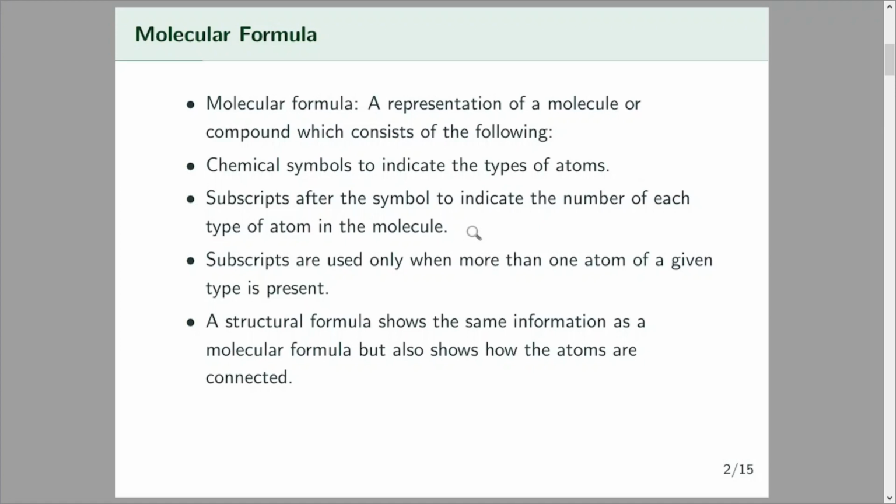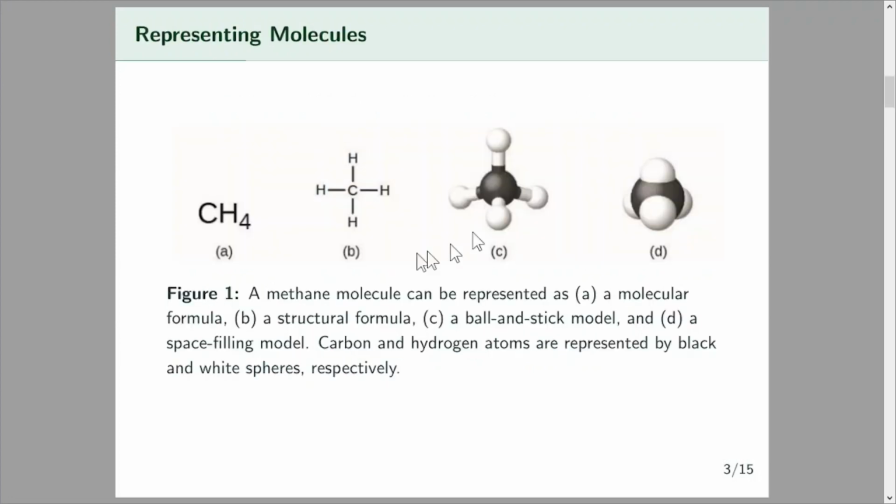And so now let's look at structural formulas. So here's the molecular formula, and these are 3 different variations of the structural formula, right? This is just a sort of standard structural formula.